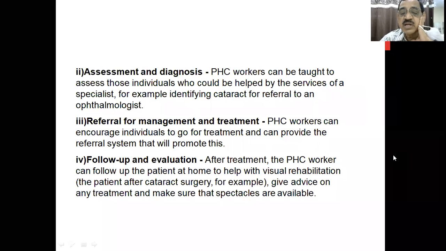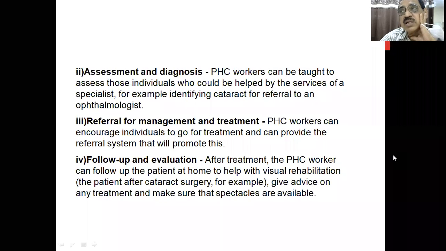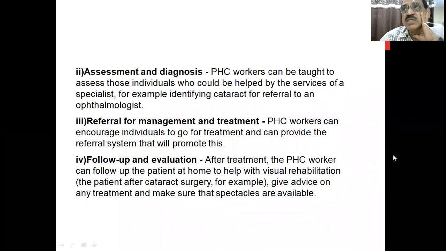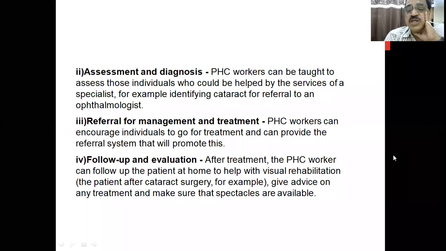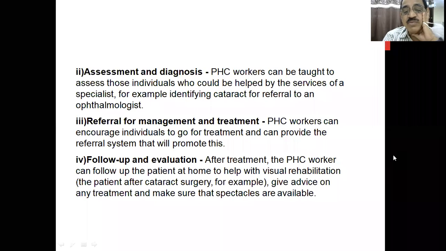And the patient after cataract surgery normally requires to know how he should use the drops and what are the telltale conditions of the eye which require specialist attention again. All these things the primary healthcare worker will be looking after at the PHC level. He also gives advice on treatment and makes sure that the spectacles are available after the prescribed period of around 6 weeks or 4 weeks.